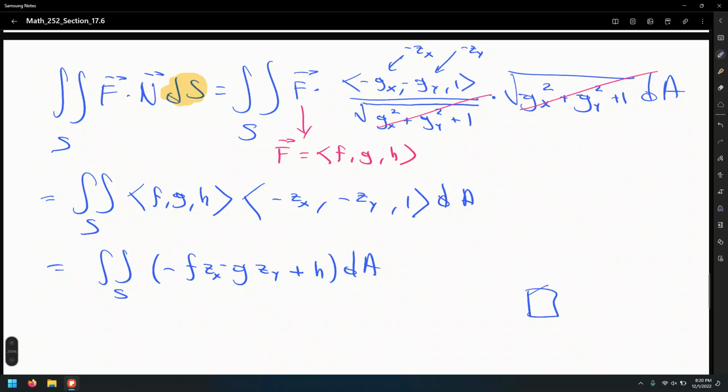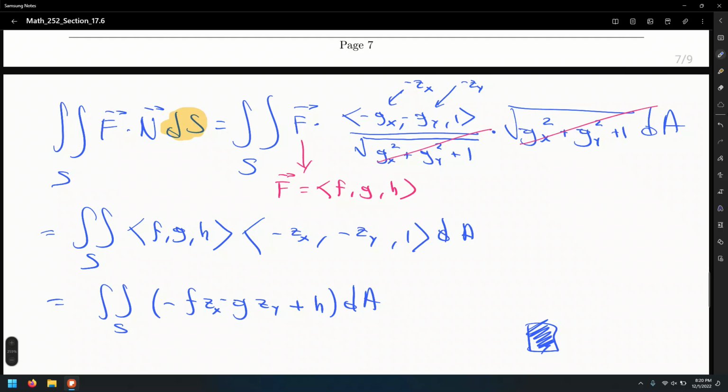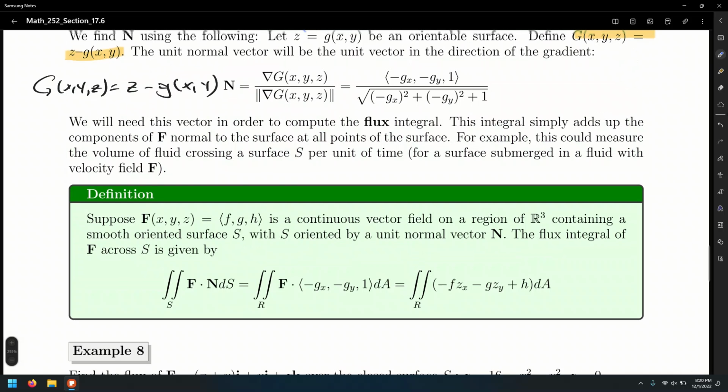And this is the formula that we have in the definition box on the back side of your page, isn't it? So all we're doing is simplifying that horrible radical, and all we will have to do is find the dot product of two vectors. That's it. And yes, here it's right here.